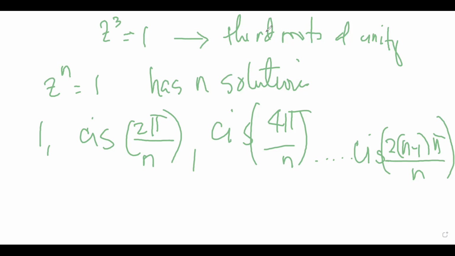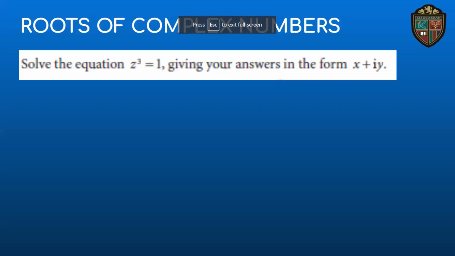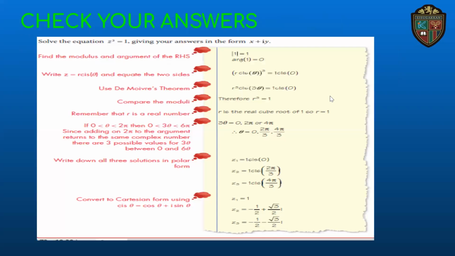So depending on what number this is, third, fourth, fifth roots of unity. Okay, so again, this is the problem that I showed you guys. Z to the power of 3 equals 1, giving our answers in the form x plus iy.